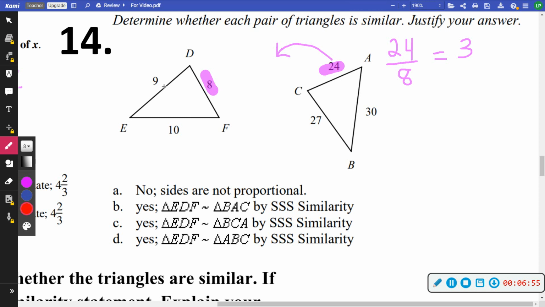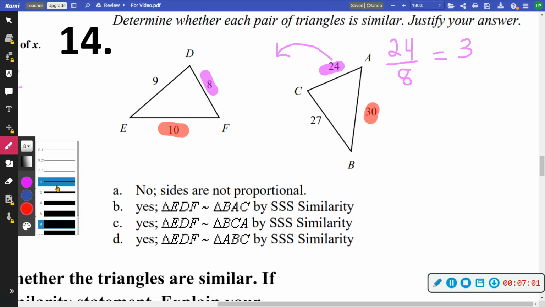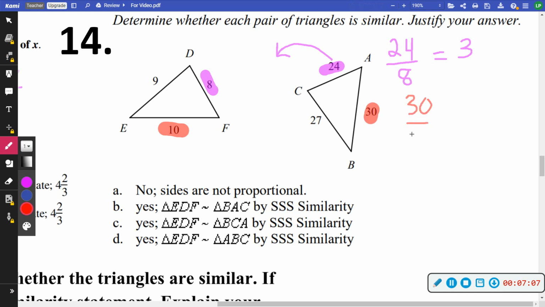Let's do biggest to biggest now. That'd be 30 to 10. Because I went right to left, it'd be 30 over 10. And notice 30 over 10 is also 3. So far I have one side, but I need one more side to be proportionate.